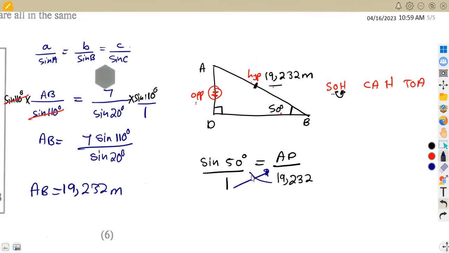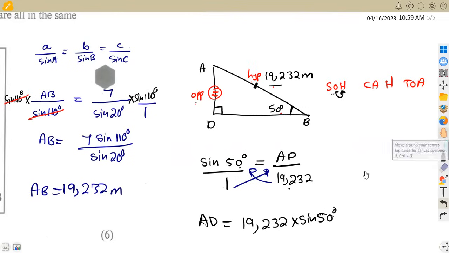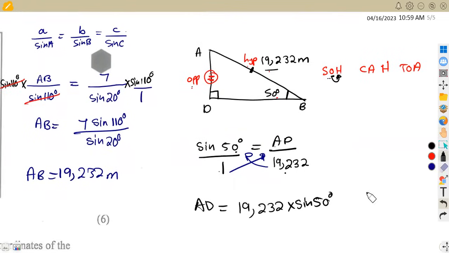So cross multiply to determine AD. 1 times AD, that's AD is equal to 19.232 times the sine of 50 degrees. All right, so you're going to multiply these two to determine the value of AD.